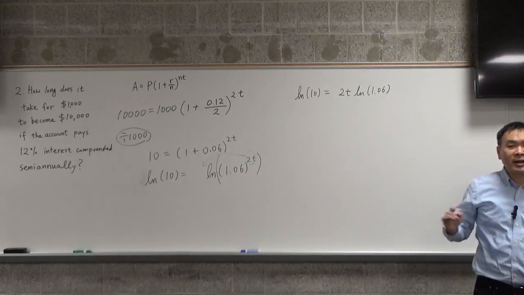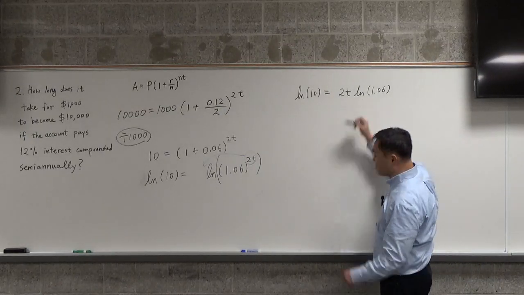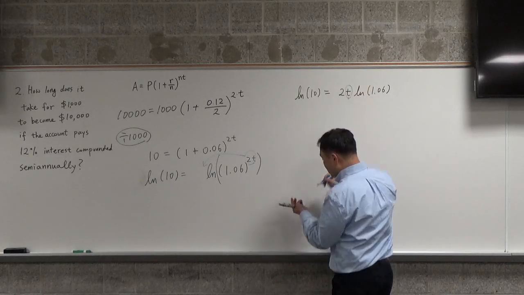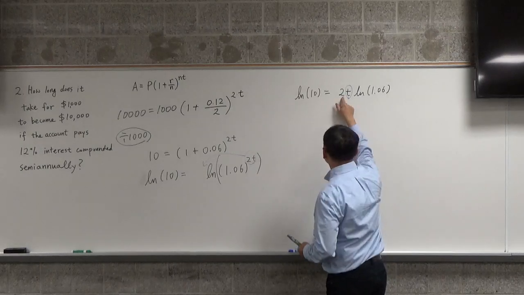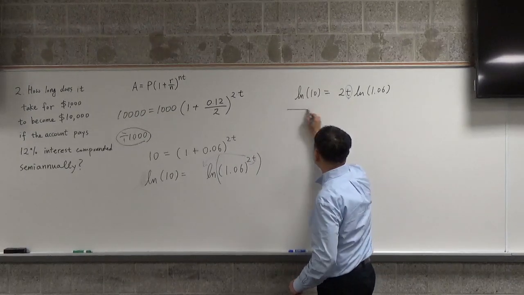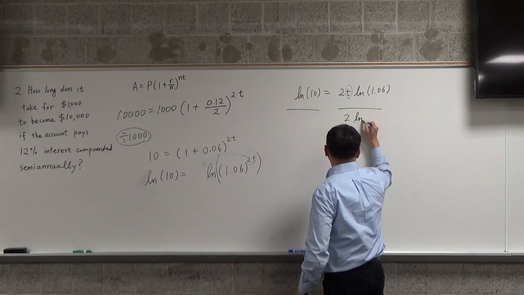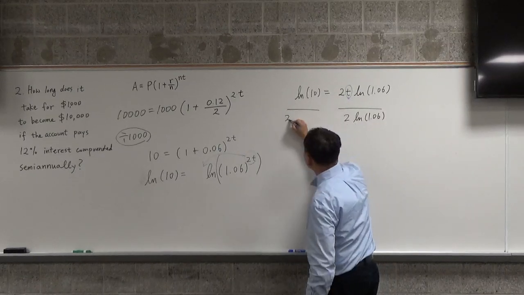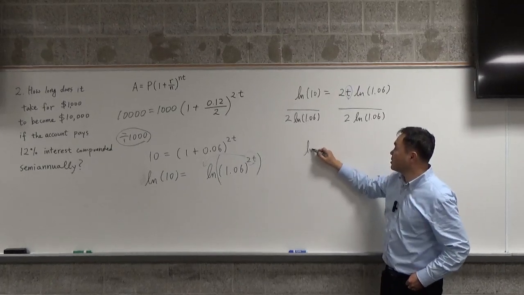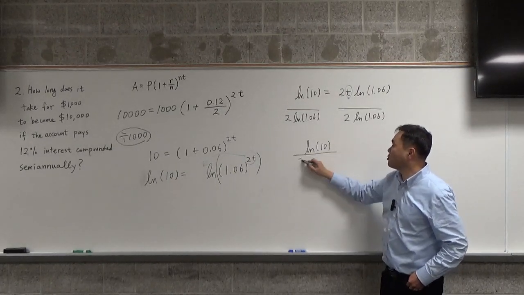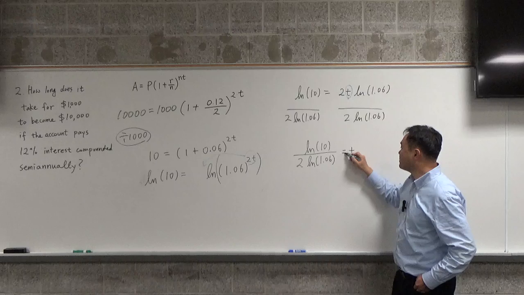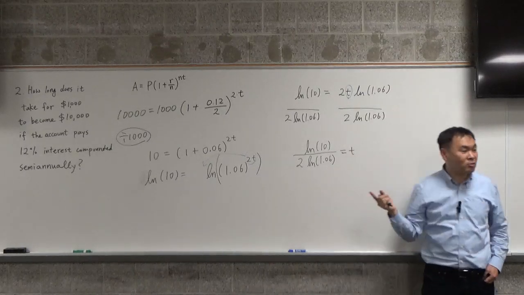The goal is to find out what t is. In other words, you want to isolate t, to have t by itself on that side. That means 2 has to go, ln of 1.06 has to go. So you divide both sides by 2 times ln of 1.06, so that you get ln of 10 divided by (2 times ln of 1.06) equals t. And then you punch this into your calculator.